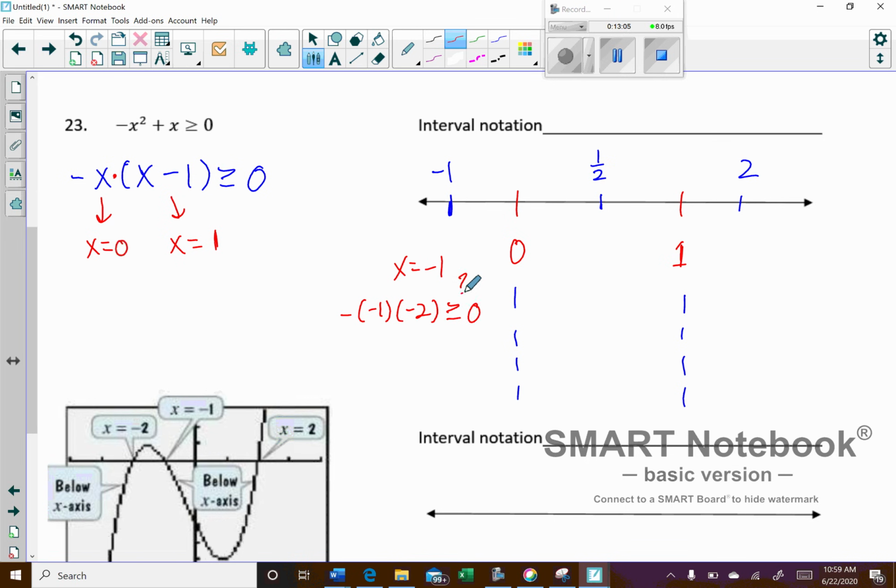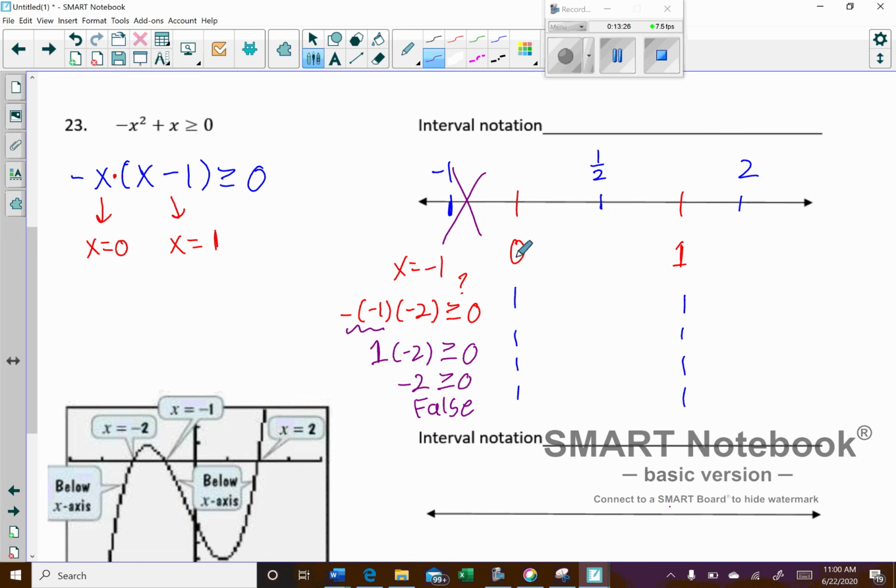So we're asking ourselves, is that true? The double negative right here will turn into a positive 1 times negative 2. So we end up getting negative 2 is greater than or equal to 0, which is false. So this part does not work.